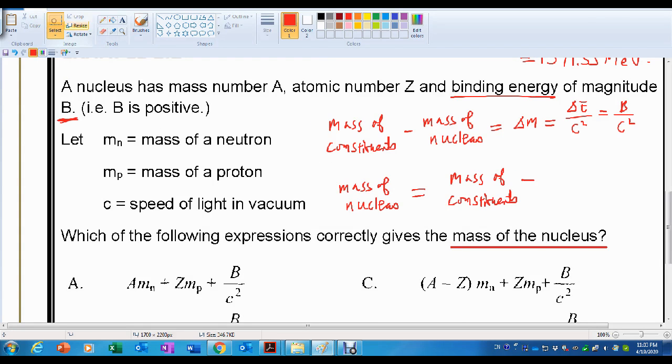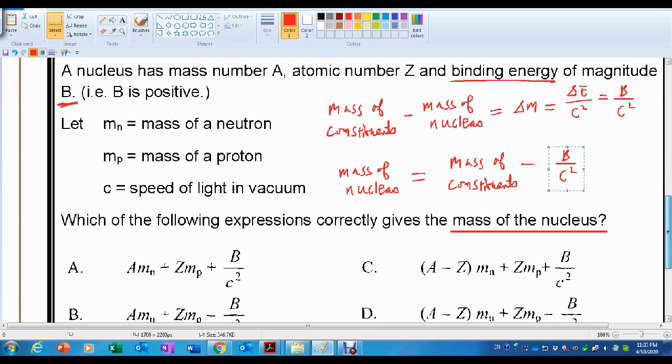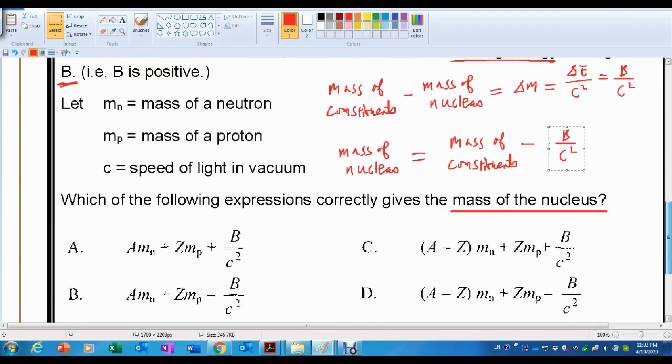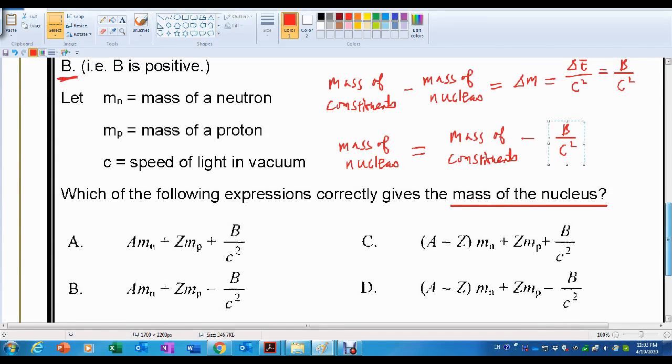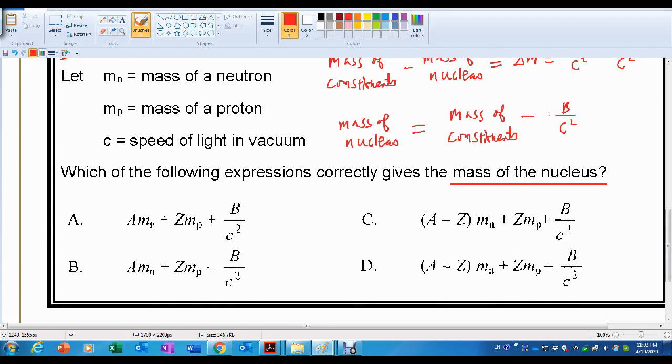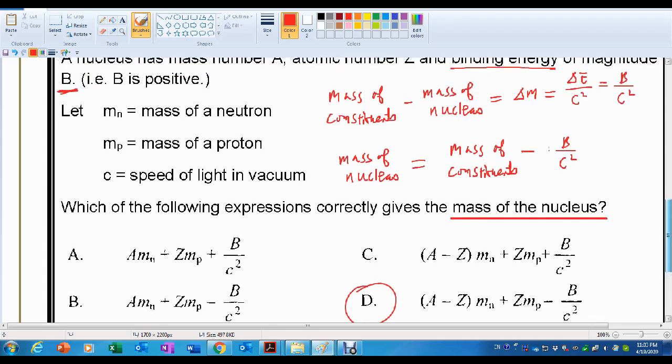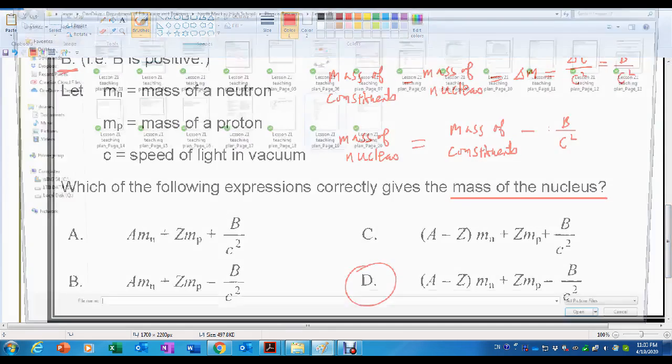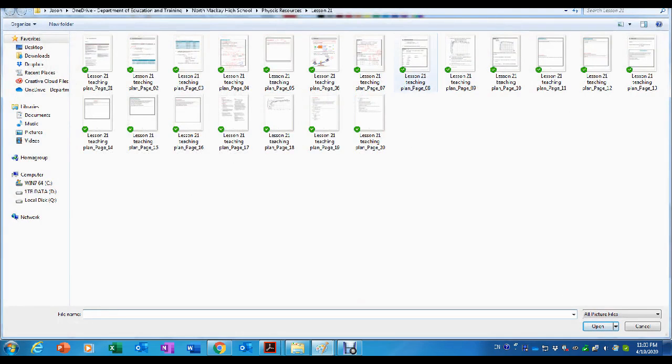And the mass of the constituents is the number of protons times Mp plus the number of neutrons times Mn. The number of protons is Z, and the number of neutrons is A take away Z. So which one would be the answer? This one. That's a multiple choice question, quite interesting, so I bring it to you.